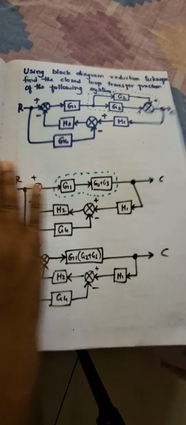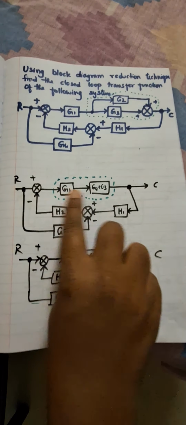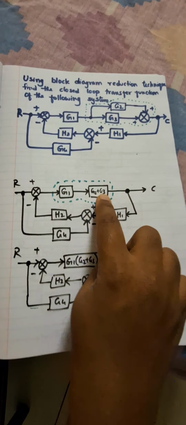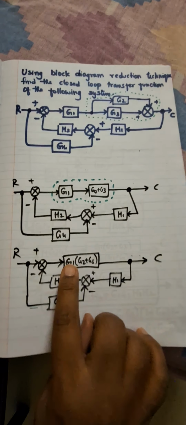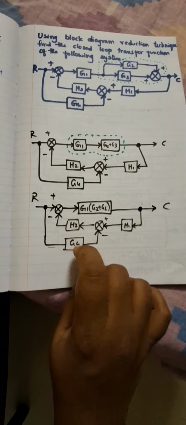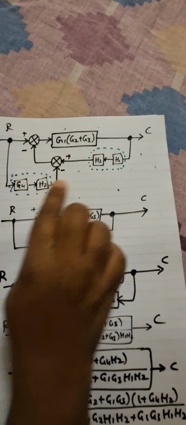So that's it. So first what happened? These two are in parallel, so we added. Then these two are in series, so we multiplied. Then we said H2 is belonging to H1, H2 is belonging to G4 also. So we made H2 come back, H2 go here also. So H2 is gone here, H2 is gone here.